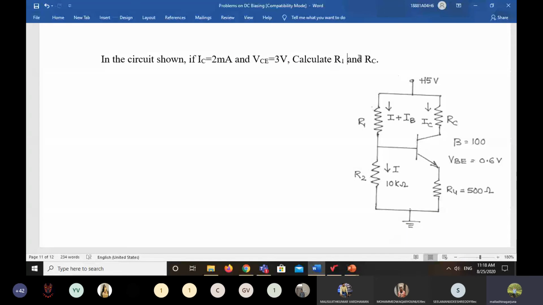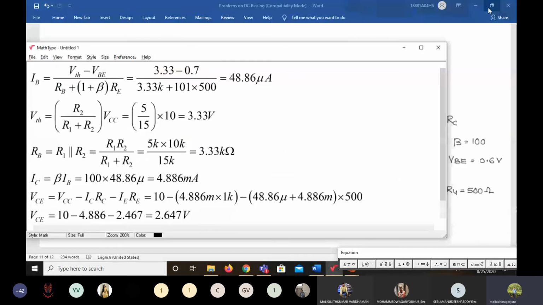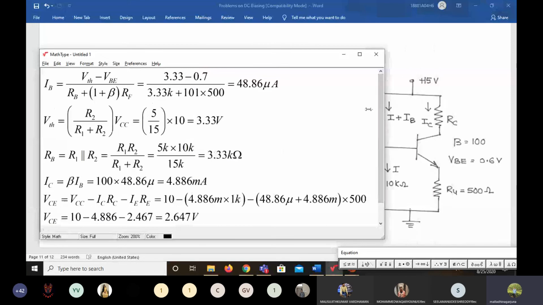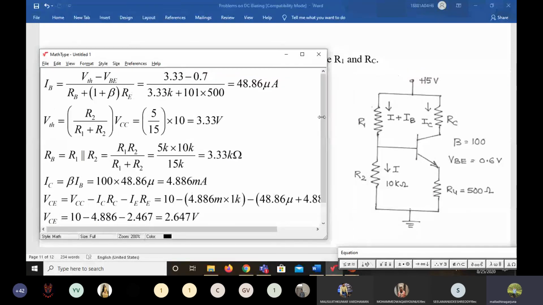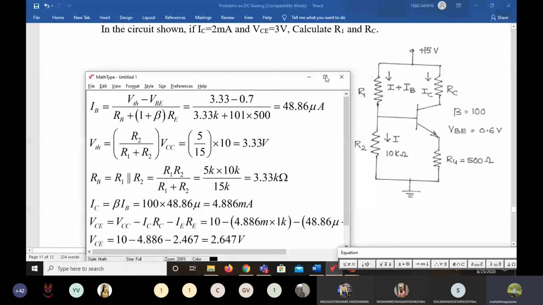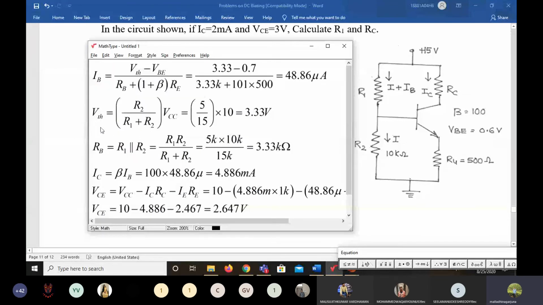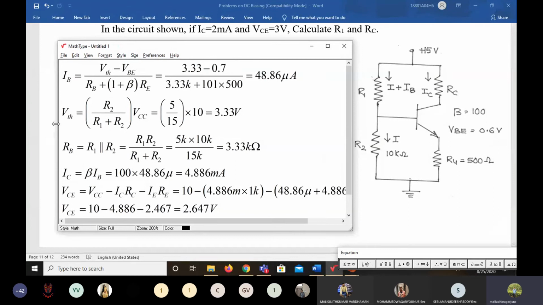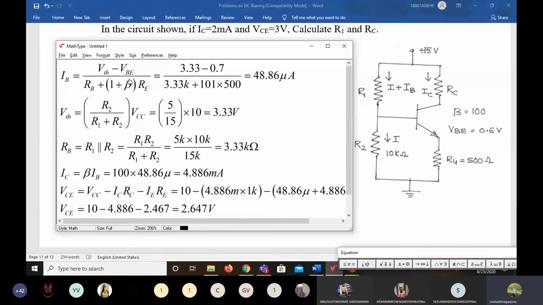Okay, so from this we can write the same equations we had here. This is the equation we have: IB equal to VThevenin minus VB divided by this one.